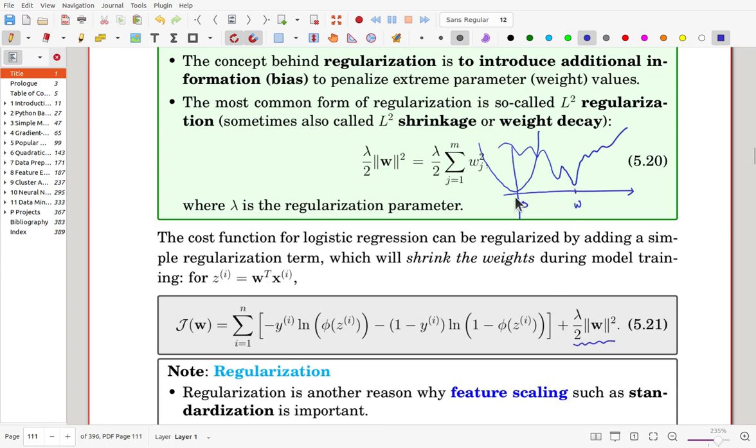So you have to be careful. Here, W must originally be around 0, small. Then you can use this additional term so that it will be beneficial.